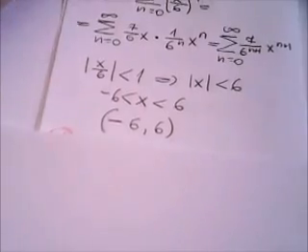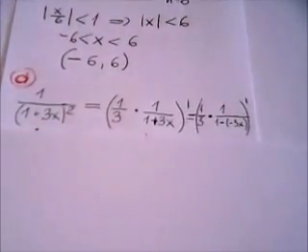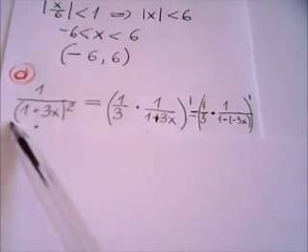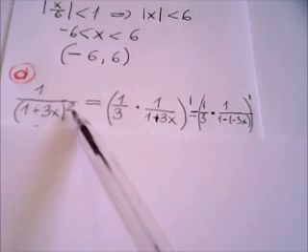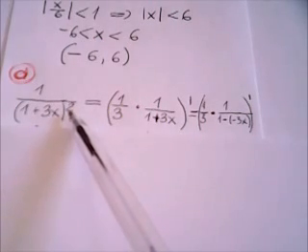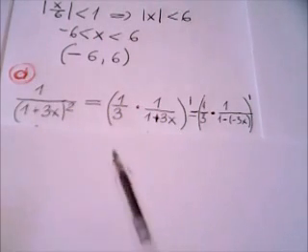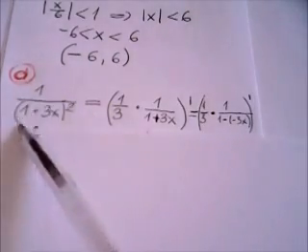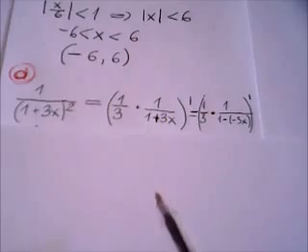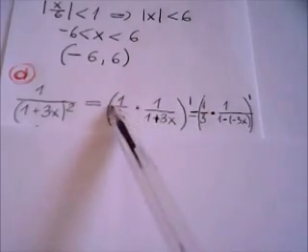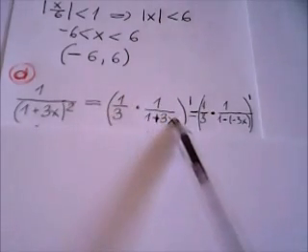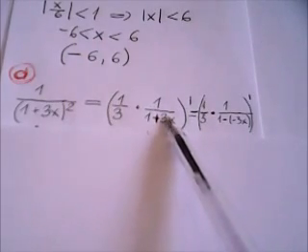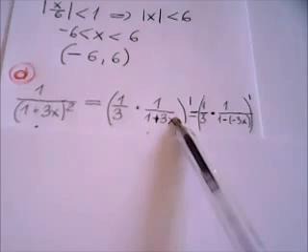And now next example. 1 over bracket 1 plus 3x to the power 2. It's not difficult to prove that this function is the derivative of this product. In the denominator we have 1 plus 3x.